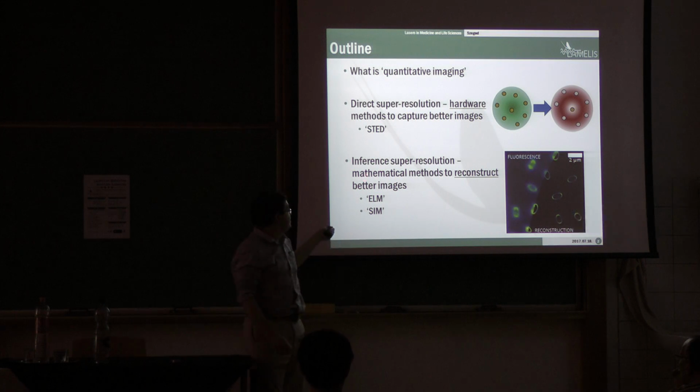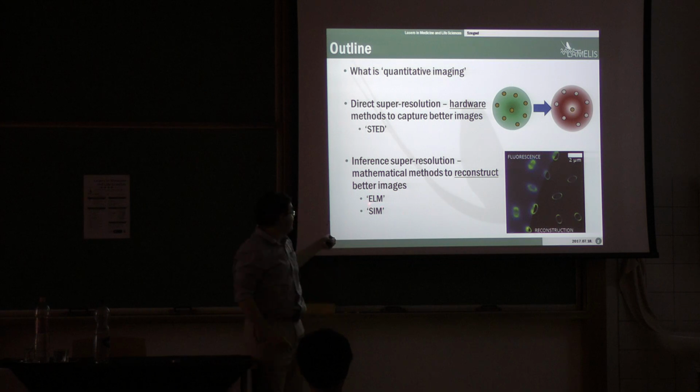And then I will talk about mathematical methods for doing super resolution imaging. If, like me, you can't afford or you don't have steady enough hand to build a very advanced STED microscope, then instead you can take conventional image data, and sometimes it's possible to use mathematical techniques to take blurred image data and reconstruct what the better resolved image should look like, purely using inexpensive hardware and maths.